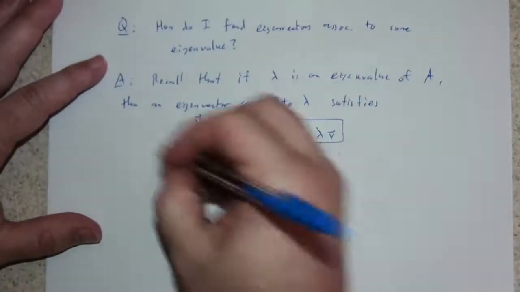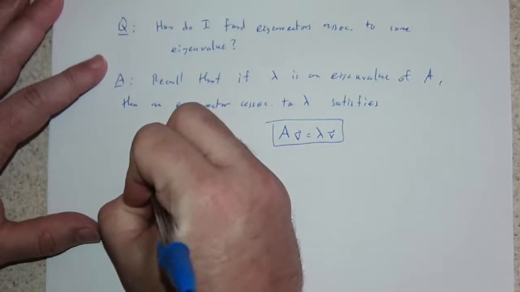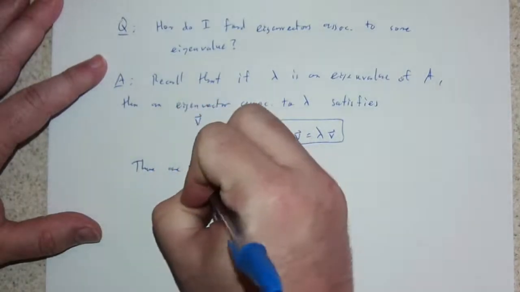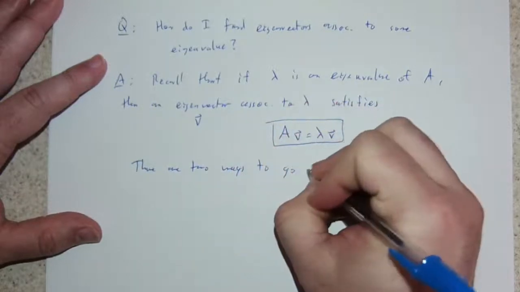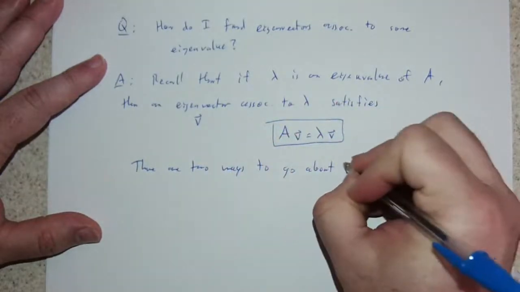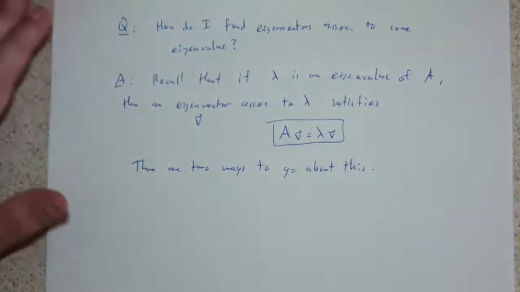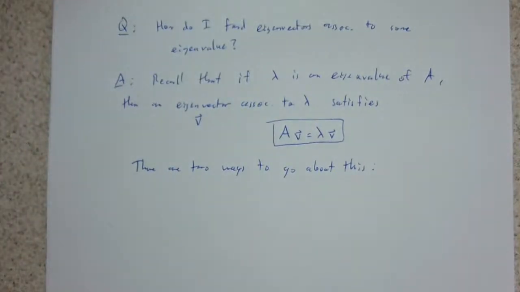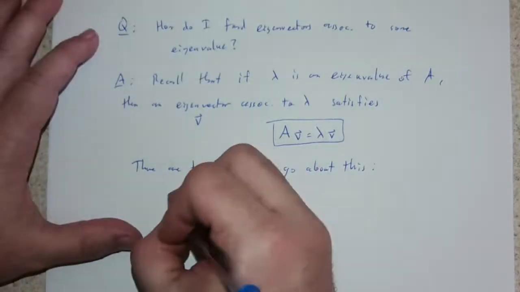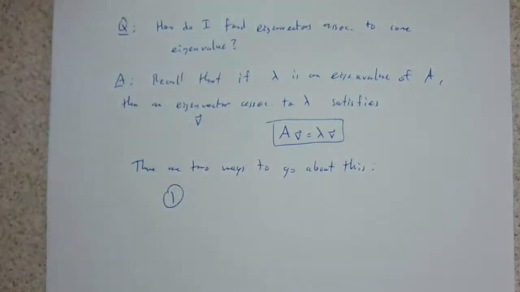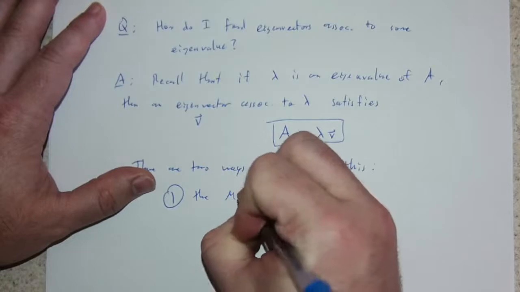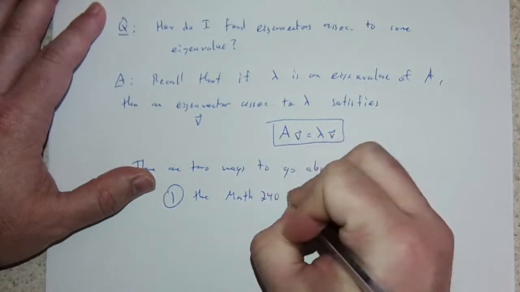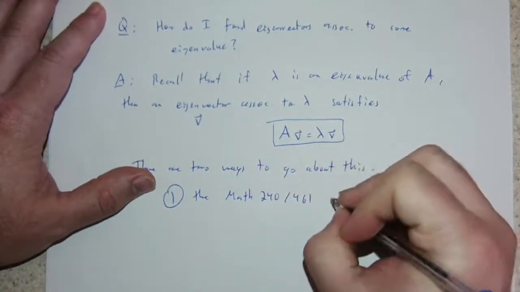Now, there are two ways to go about this. One is the Math 240 or 461 way.